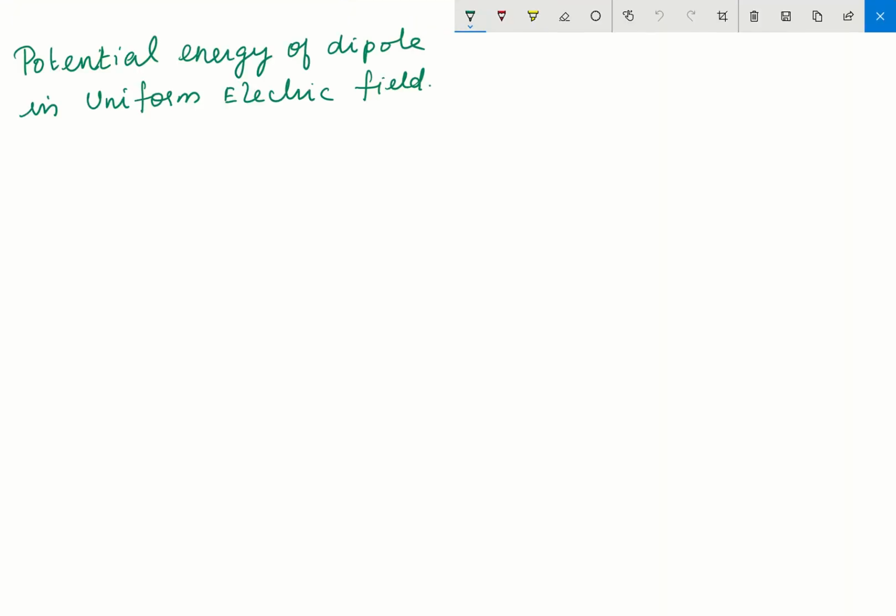Okay, now the next topic is the potential energy of a dipole in a uniform electric field. When a dipole is kept in an electric field, it acquires some potential energy.